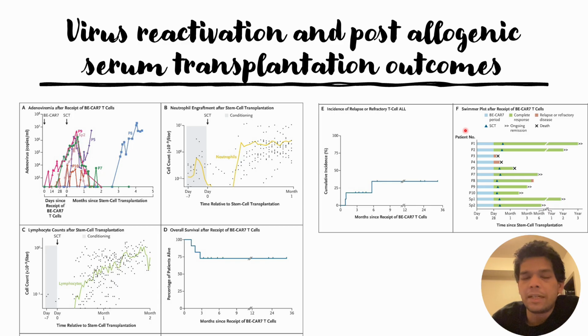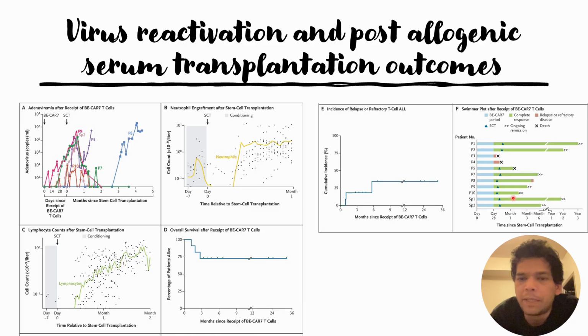And when they check the detailed results from the swimmer plot, we can see that out of these 11 patients' results shown here, 3 of them show a sign of relapsing, or the disease occurs again. In all other cases, the remissions seem to be complete remissions in the form of morphological remissions, in the form of morphological removal of the tumors.